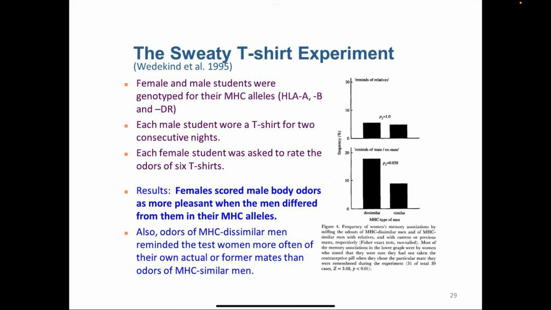What they did is they took a bunch of female college students and a bunch of male college students, and they had the male college students work out. Then they gave the female college students the sweaty t-shirts of the male college students and asked them which ones smelled the best. Which one were they most attracted to based on smell? Yes. Did it smell good, or just not as bad?